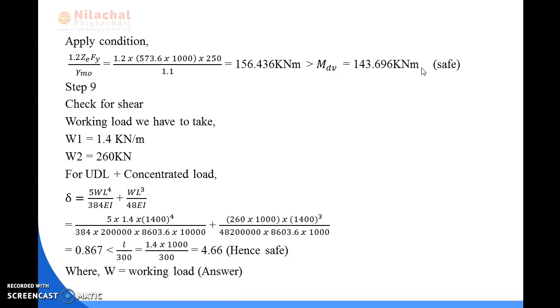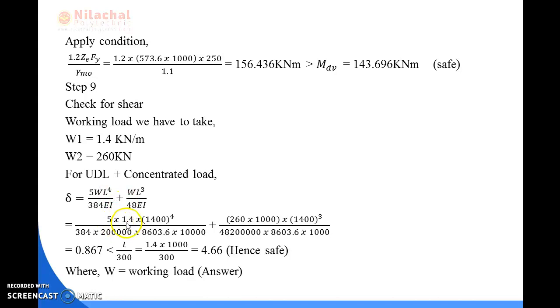The total deflection is equal to the deflection for the dead load plus the deflection for the live load. In the UDL part we put 1.4 kilonewton per meter, and for the concentrated load we put 260 kilonewton. Here we have to put the working load.